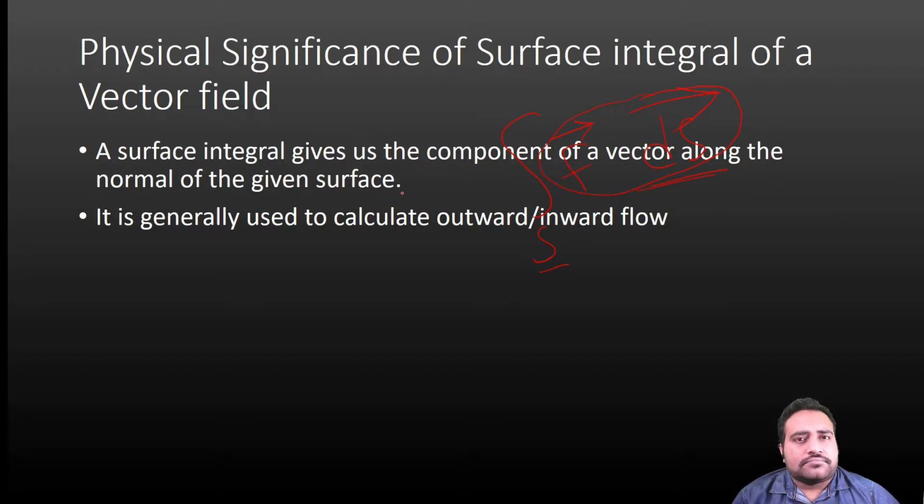But for a differential surface element to occur, it is very clear that an area is a two-dimensional quantity. So there should be change in at least two variables.